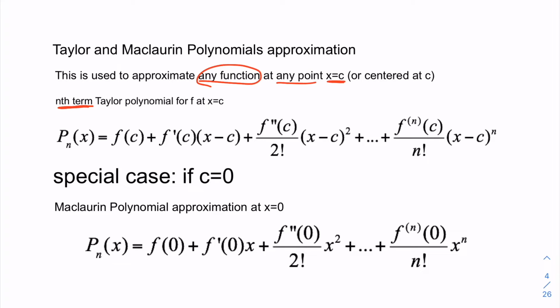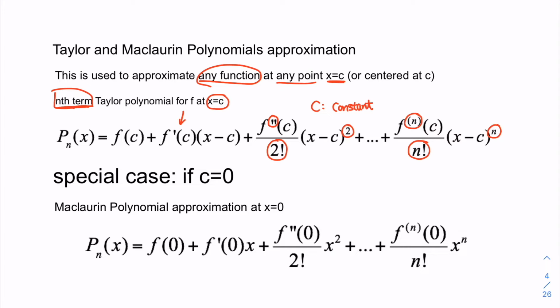The nth degree Taylor polynomial centered at c, which we call Pn of x, is f of c plus the first derivative times x minus c, plus the second derivative over 2 factorial times x minus c squared, and keep going until the nth derivative over n factorial times x minus c to the nth power. Keep in mind, c is our center, which is a constant here.